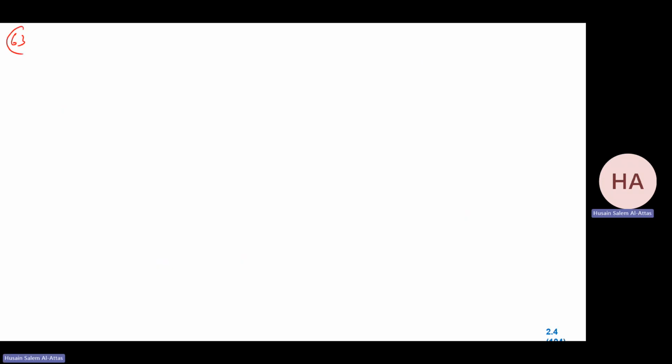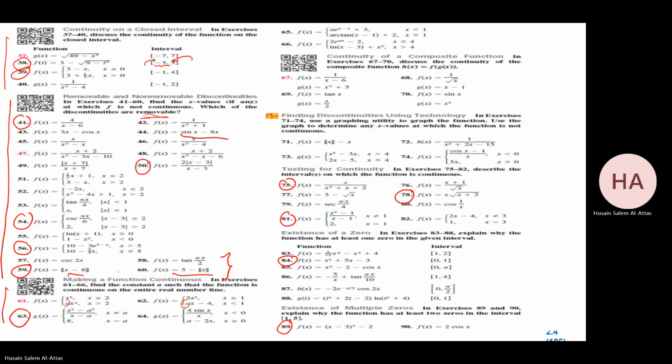The function is g of x equal x squared minus a squared over x minus a, where x not equal to a, 8 if x equal to a.